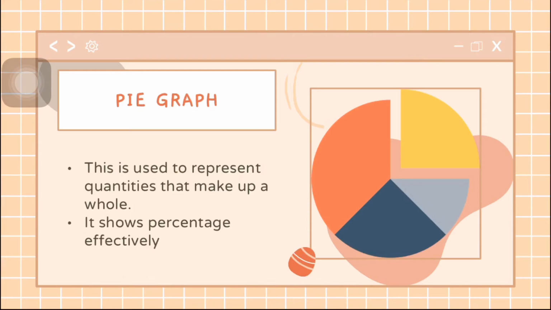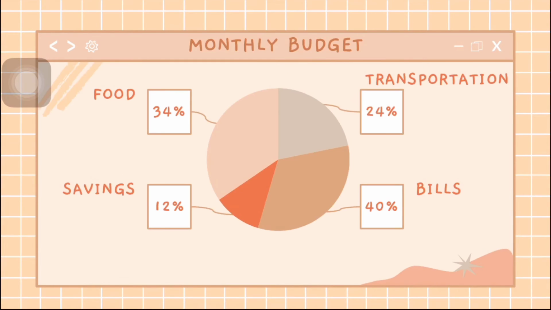The pie chart can be constructed using percent or the actual figures. The slice of the pie must be drawn in proportion to the different values of items. So this is the example of a pie graph: food 34%, savings 12%, transportation 24%, bills 40%.